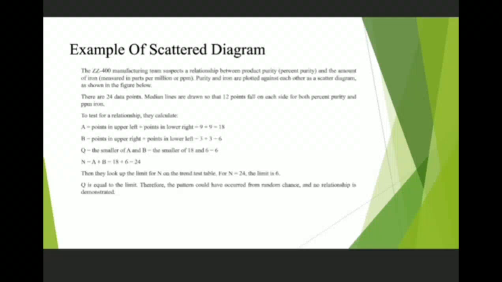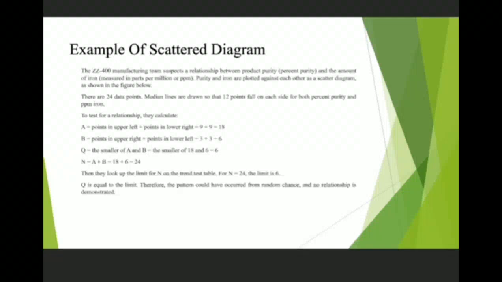To test for a relation, they calculate A, B, Q, N, where A is the points in the upper left plus the points in the lower right, B is equal to the points in the upper right plus the points in the lower left, Q is equal to the larger of A and B minus the smaller of the two, and N is equal to A plus B. So calculate the numericals.